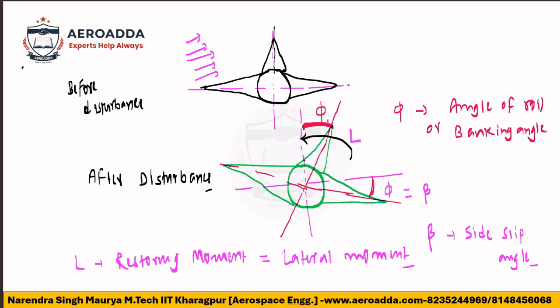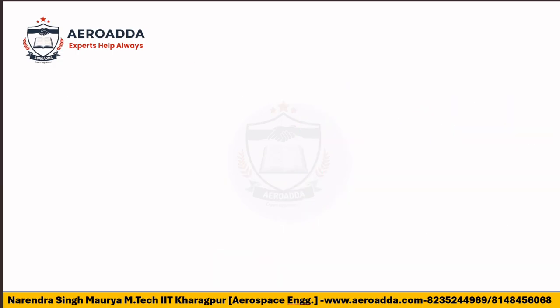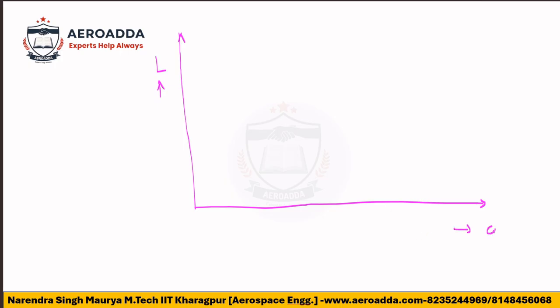First I will talk about this phi. L is the moment which is changing with respect to phi. If you draw the graph, just like there was pitching moment versus alpha, here we'll have the rolling moment, and this will be phi, which is nothing but the roll angle.